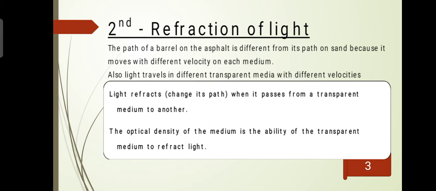For example, light comes from the air and goes to the water. What happens to it? It will refract. That's called light refraction. And the ability of the medium to refract light is called the optical density of the medium.